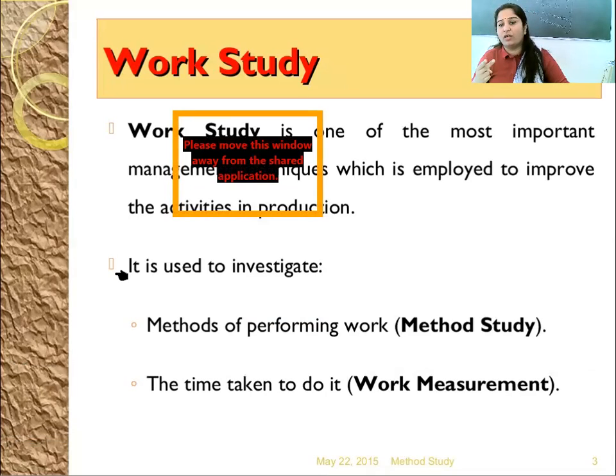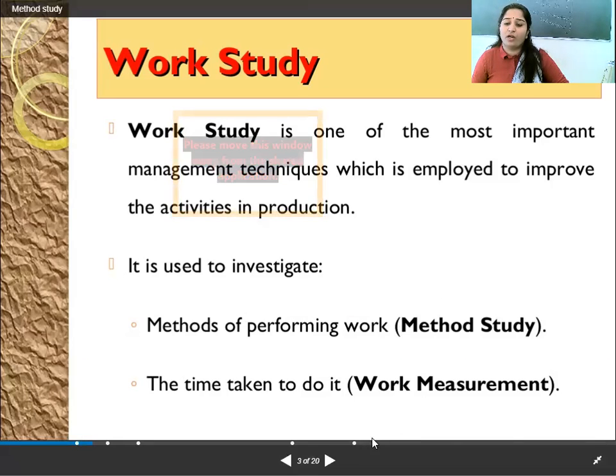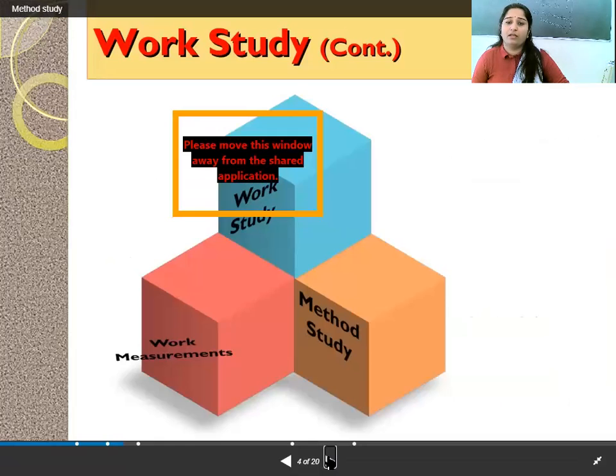In method study, we study how we are going to produce any material or metal, and what time is required to produce that product. That is called work measurement, and the study of both is called work study.